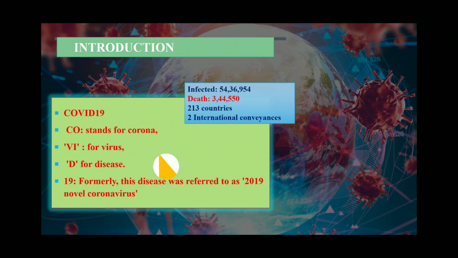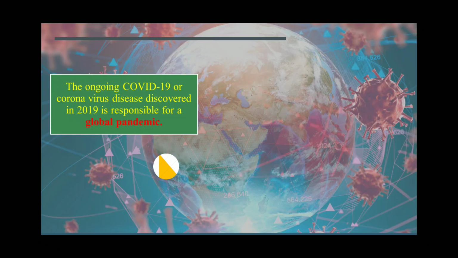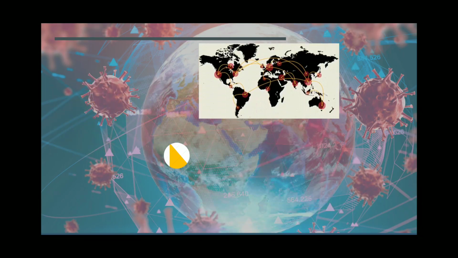Okay. So if it is infecting the globe, then we should call it a global pandemic. Pandemic means when any disease transfers from one country to different countries and likewise it spreads to the whole of our world, then it is called a global pandemic or a pandemic disease.